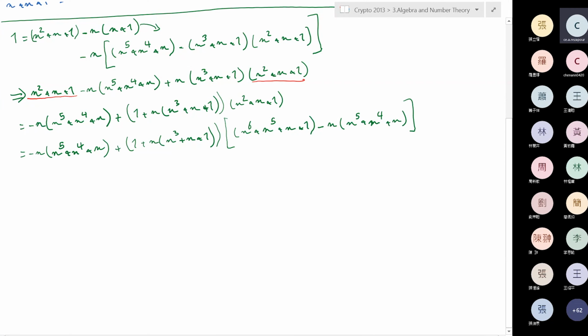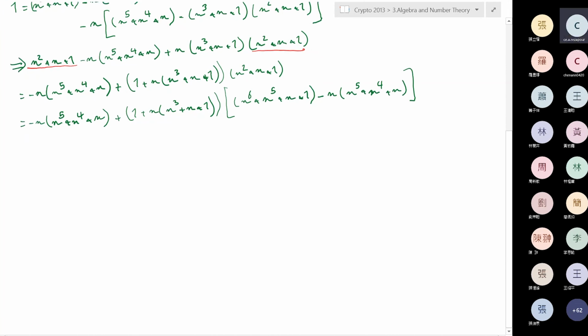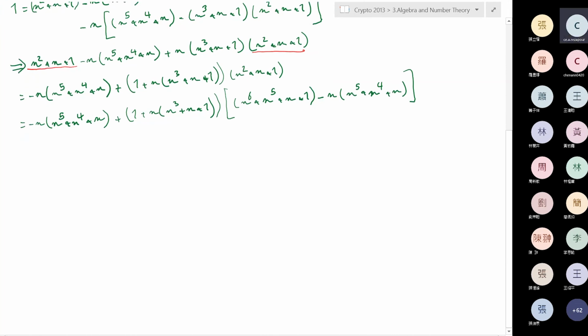Okay, so we got ourselves a little bit bigger equation. Let's apply this math around and see what we end up with. So I'll get minus x, x5 plus x4 plus x, plus I have to multiply this to both sides.